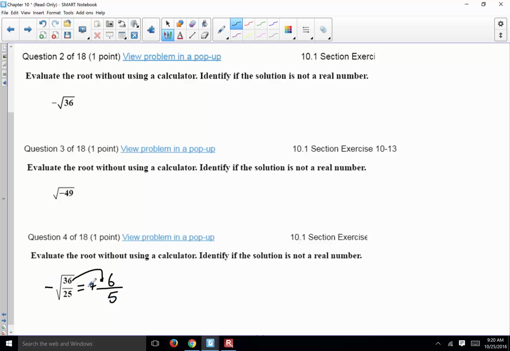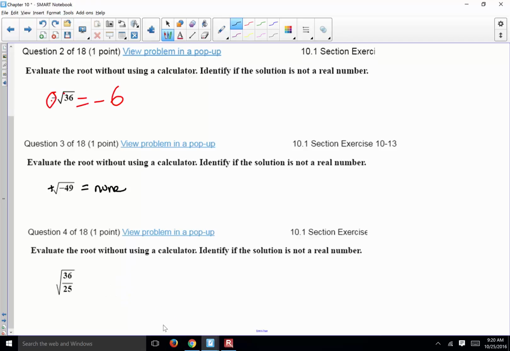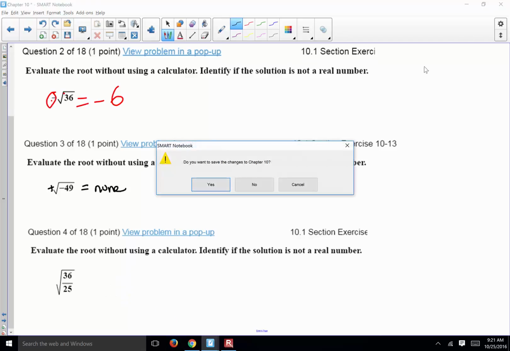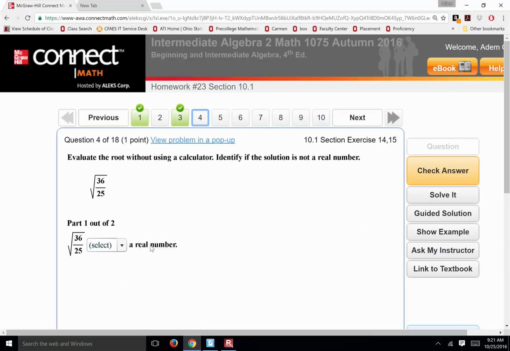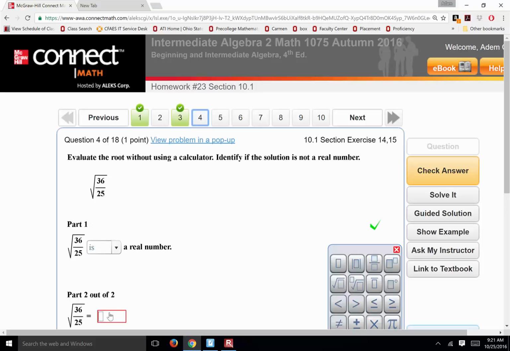If you have a minus, it's going to be minus 6/5. Unless you see a minus sign, it's always positive. Okay? So let's try this on our answer box. So again, it's a real number. We found it as 6/5.